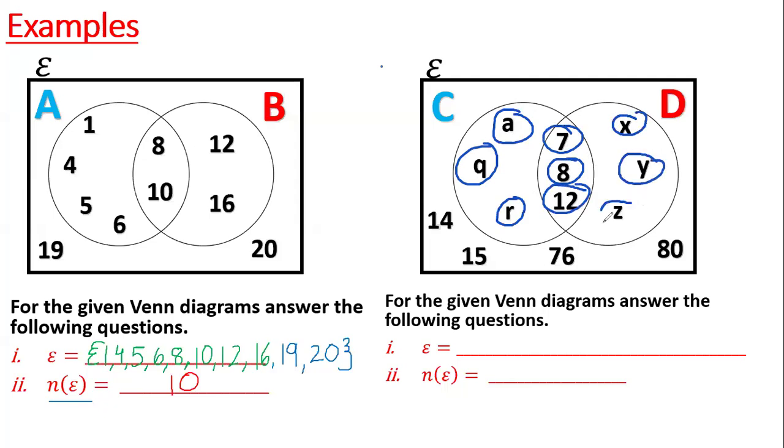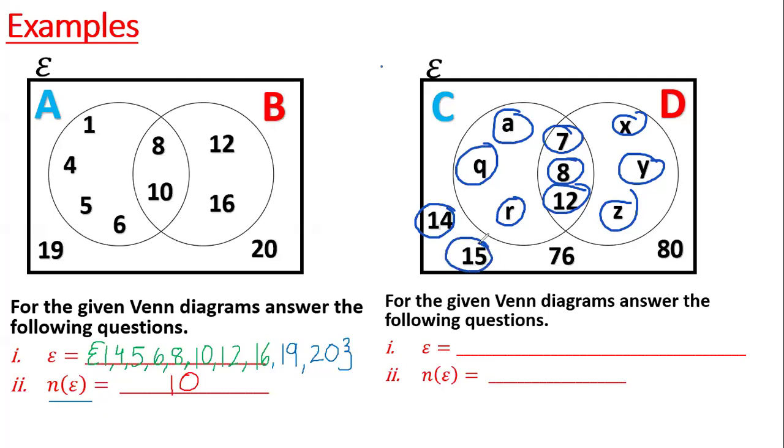Just X, Y, and Z, only the ones in the circle? No, because it's a universal set, so it must consist of everything. Very good. So do we include the outside as well in the universal set? Yes, sir. Good. So that means what's going to be included as well?